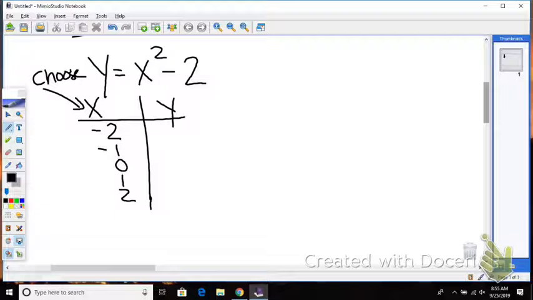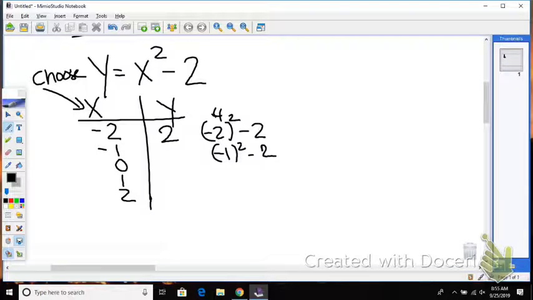So when I plug -2 into this equation, I have -2 squared minus 2. What's -2 quantity squared? 4 minus 2 is 2. When I plug -1 in, I'm going to have -1 squared minus 2. -1 squared is 1. What's 1 minus 2? -1. When I plug in 0, what do we get? -2.